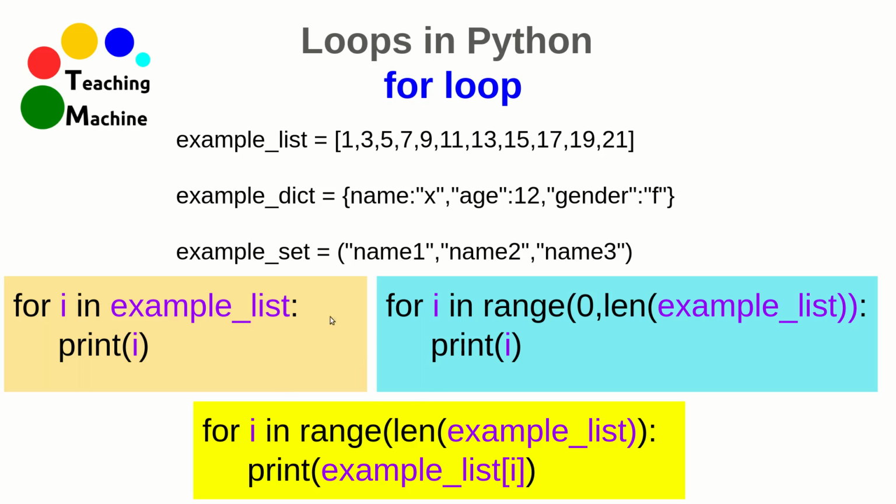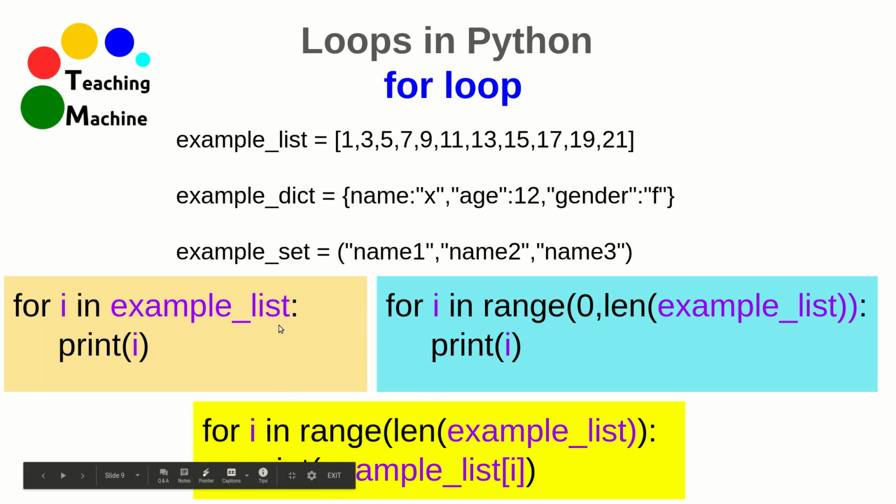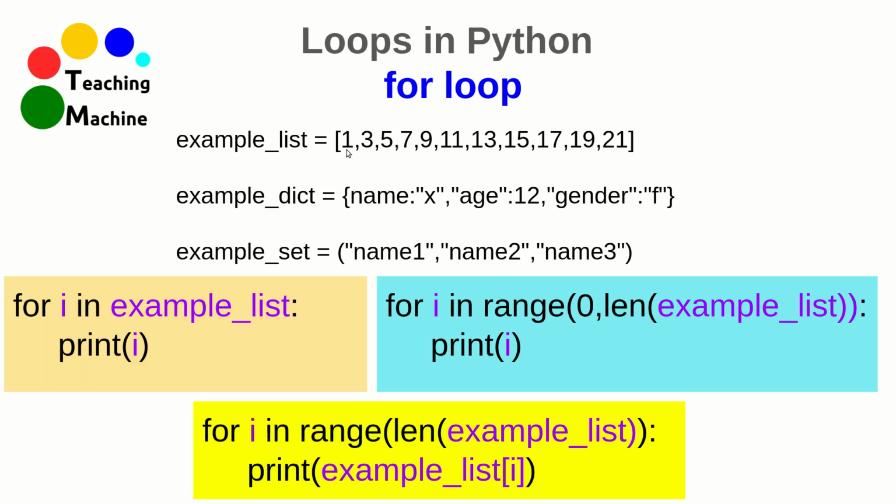Here you can see three types of code. One is for i in example list, print i. In this loop, i means 1 first, because indexing starts from the first element. So the first thing printed will be 1 and the second will be 3, and like that the entire list is printed.